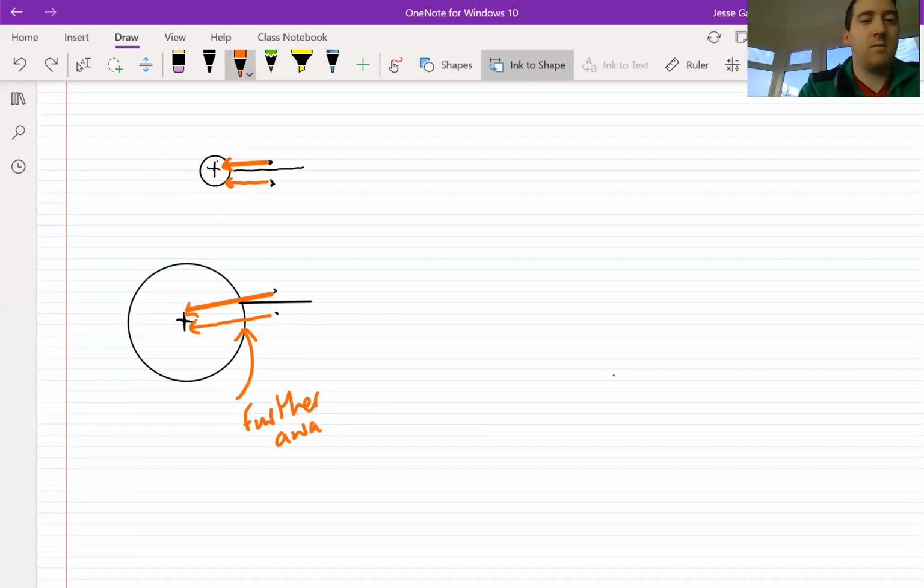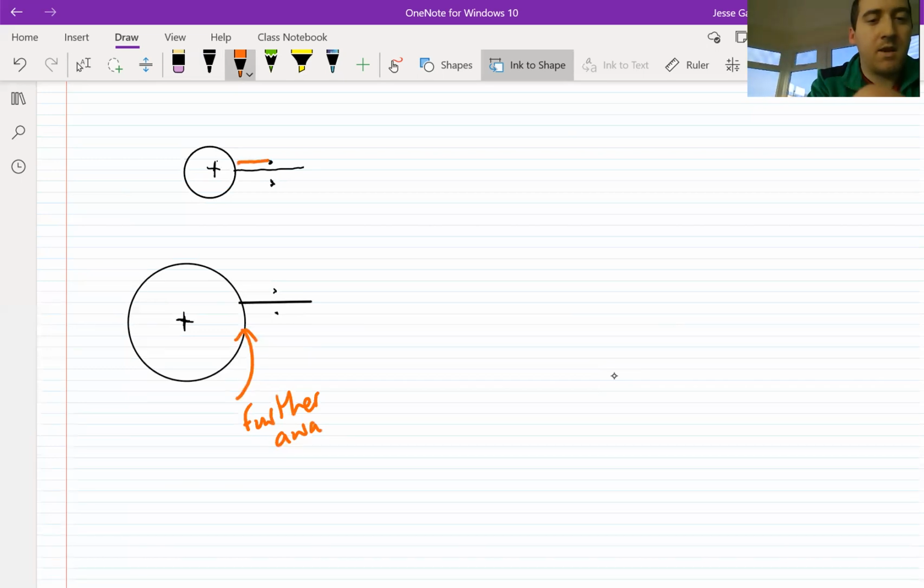Now, actually, I'm going to undo some of these arrows because I don't want to confuse people. There's something you might be confused about here. When I drew the arrows before, I made it seem like the arrows were the size of the charge.